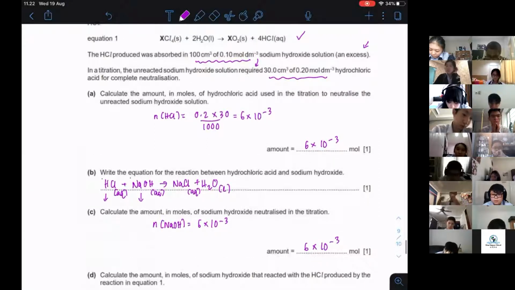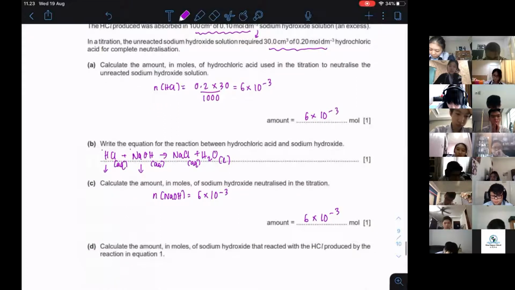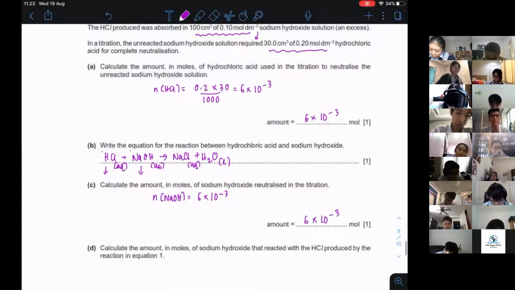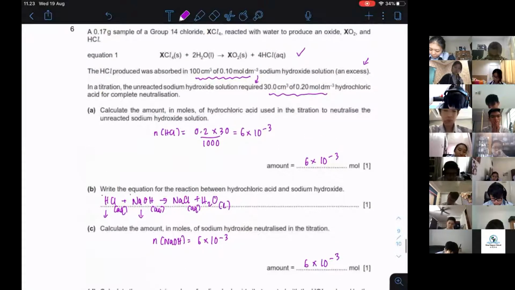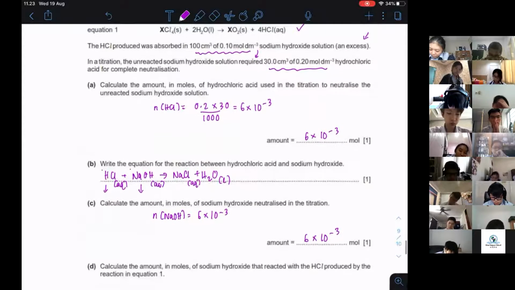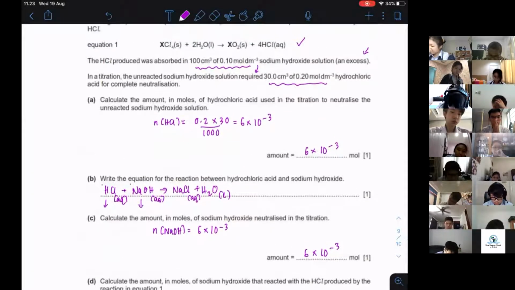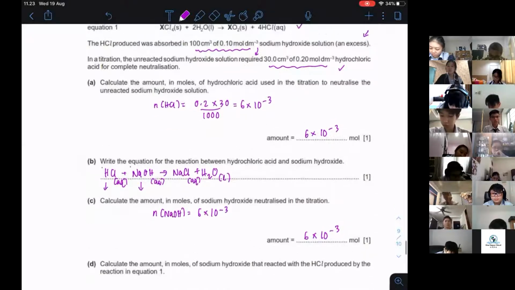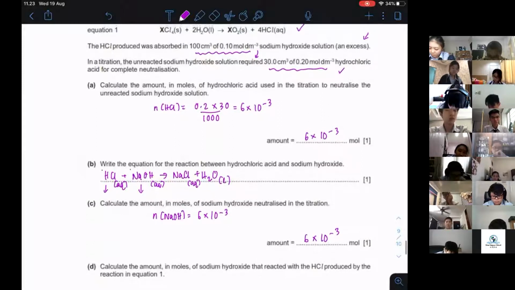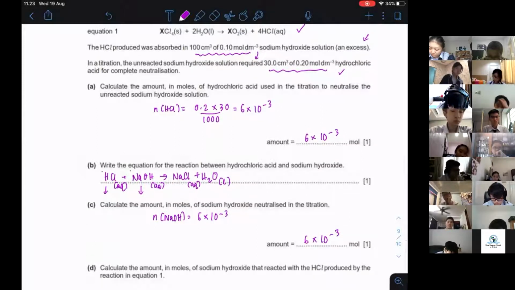Here, I'm confused. So here, this is sodium hydroxide, so the unreacted sodium hydroxide.